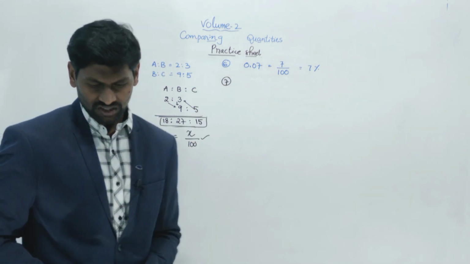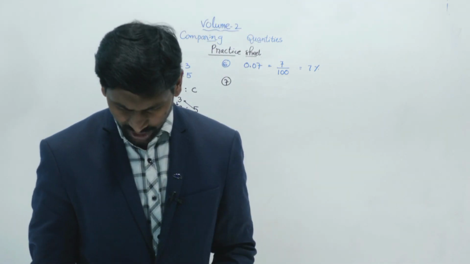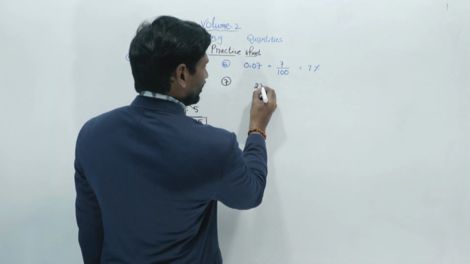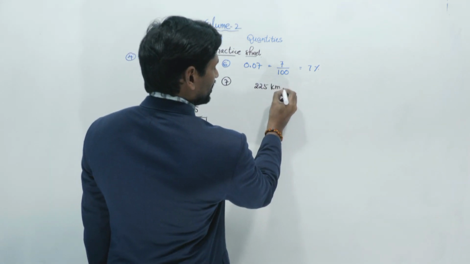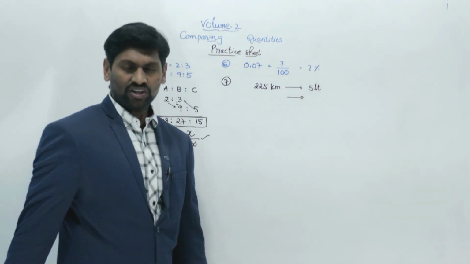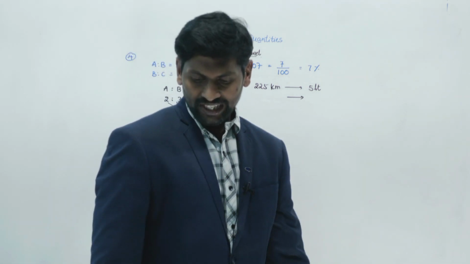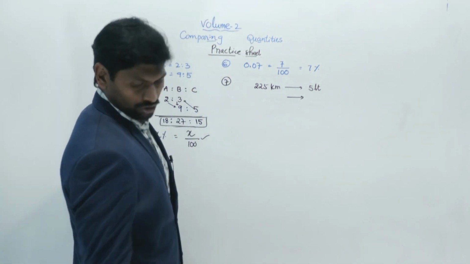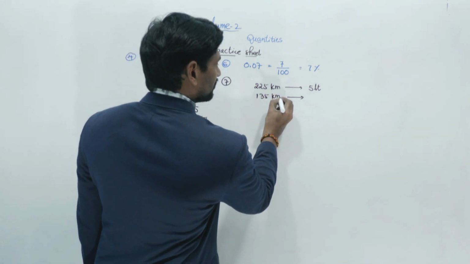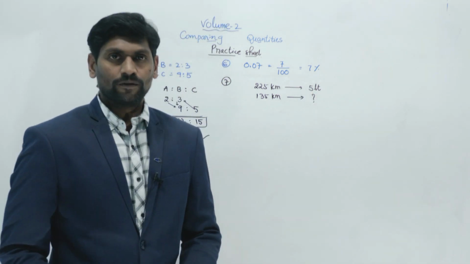Seventh question. A scooter can run 225 kilometers with 5 liters of petrol. So it can travel 225 kilometers with 5 liters of petrol. Okay. Now, how many liters of petrol are needed to travel 135 kilometers? 135 kilometers with how many liters of petrol?